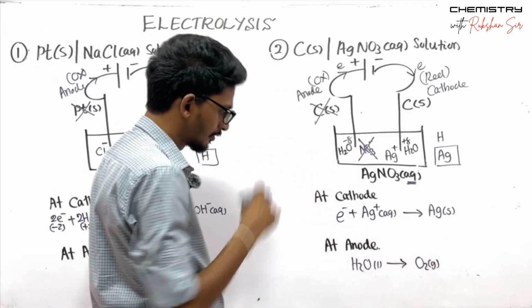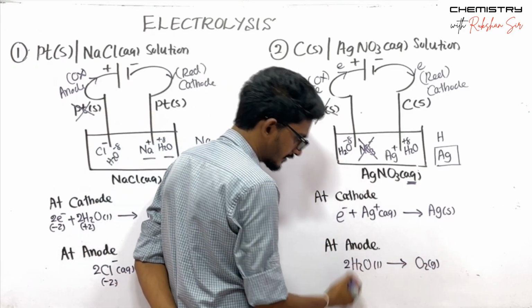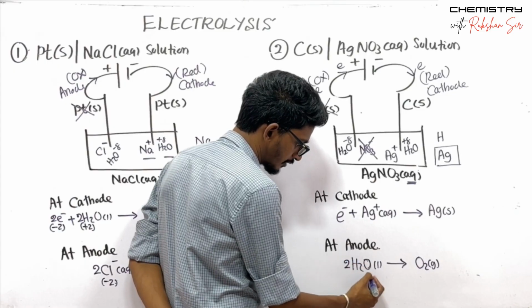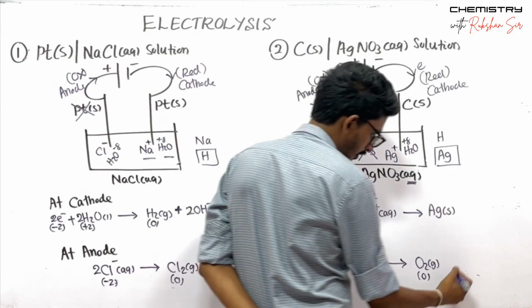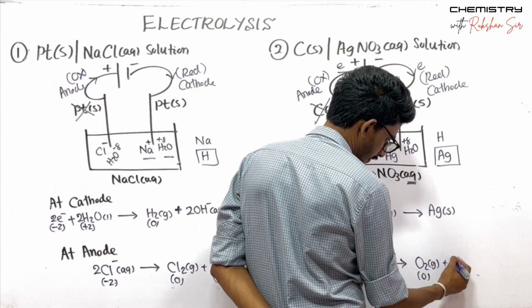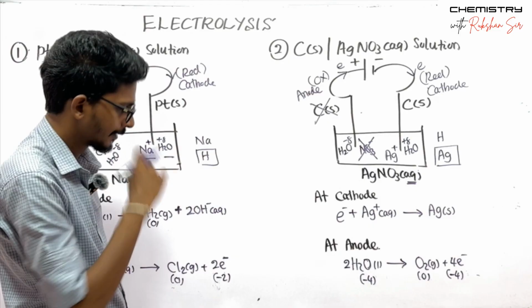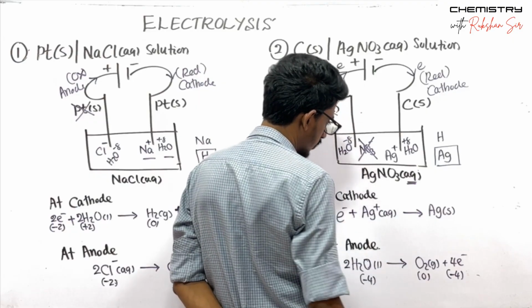Now we have to balance this. Atomic balancing, two oxygens are needed. Oxidation state balancing: minus 2 into 2 is minus 4, and the product is 0. To balance the oxidation state, you need minus 4 here, so you need 4 electrons. Then the charge balancing: minus 4 is there, here 0.